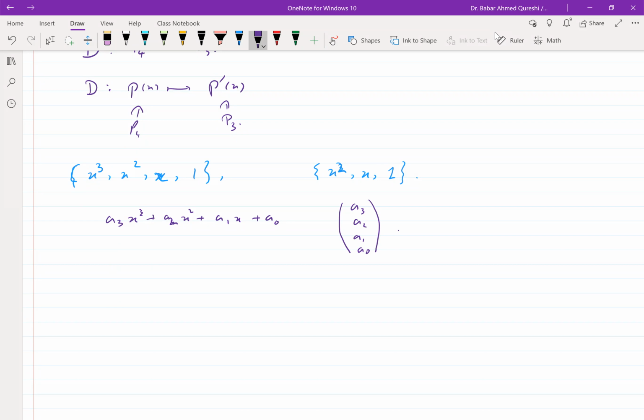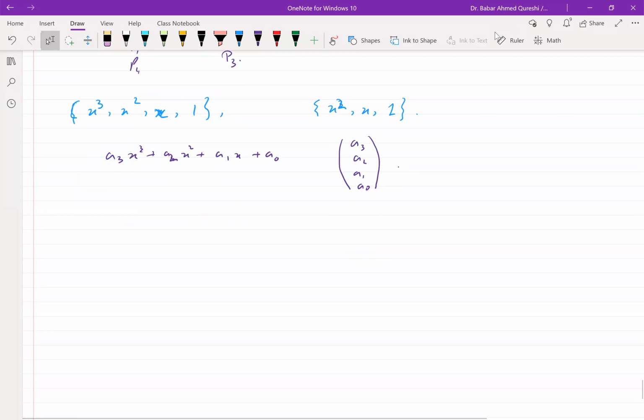So this is the representation of this polynomial in the standard basis. Similarly, anything here, b2 x squared plus b1 x plus b0 times 1, I can write it as a vector b2, b1, b0.